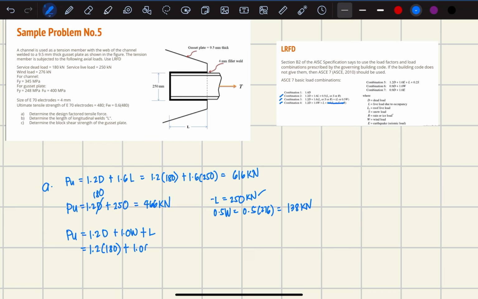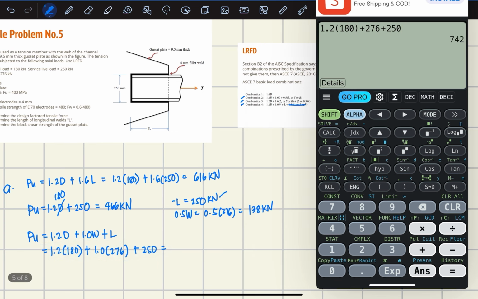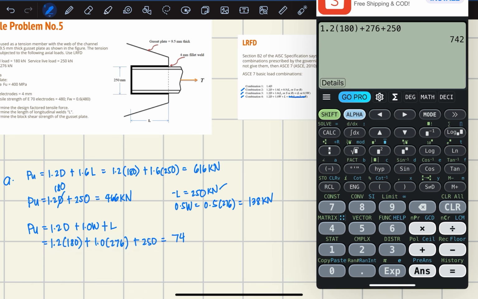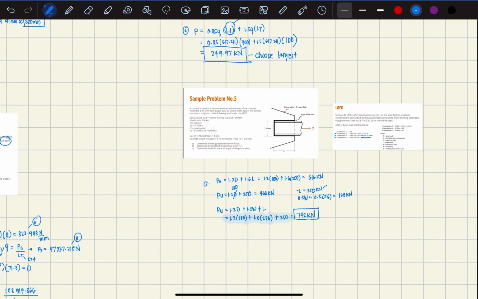Yung wind load is 276. Plus, yung live load is 250. So, computing this one, 1.2 times 180 plus 276 plus 250, meron kang 742 kilonewton. Sa tatlong combination, ito yung mag-govern kasi siya yung largest na factored load.